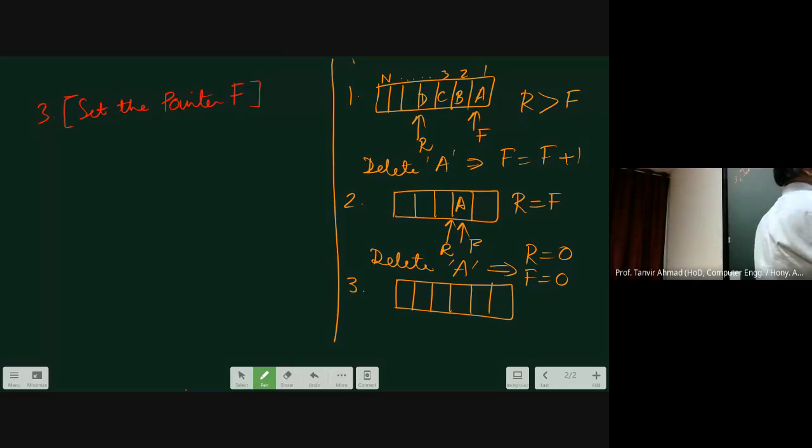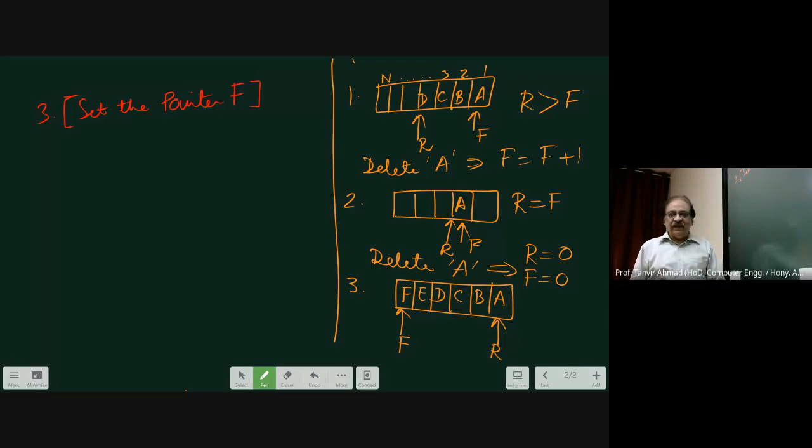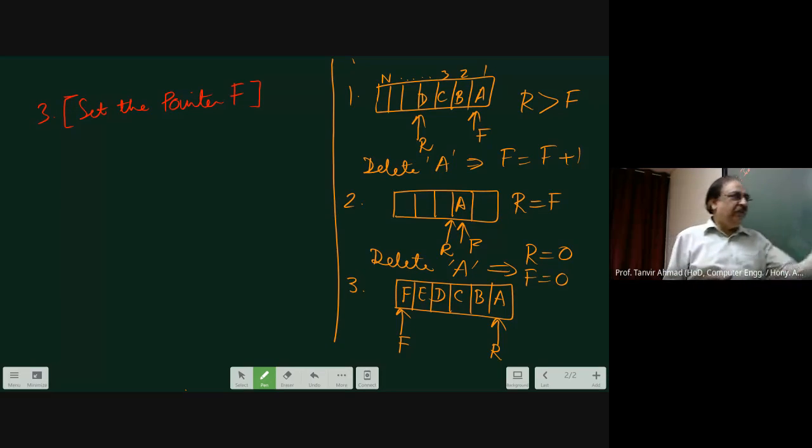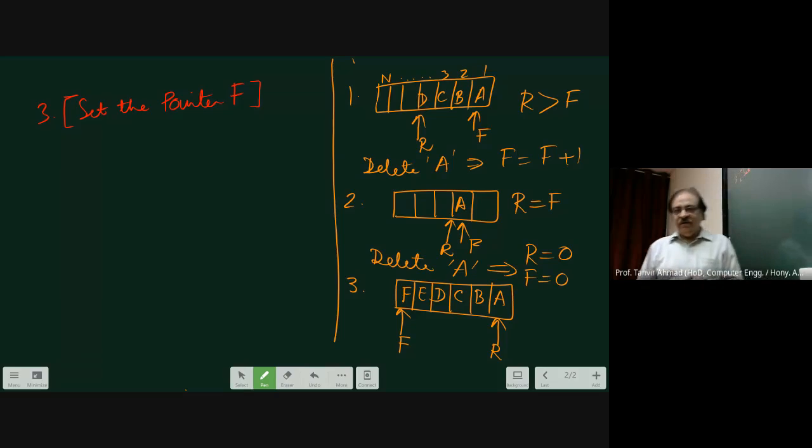Suppose I am having, say, over here A, and let us try to have this value as equal to F, front, and this value is equal to R. Now understand this third case, which is little different from the first. Now what is the meaning of this? How have you come to this position? Now what is happening over here is R is less than F.